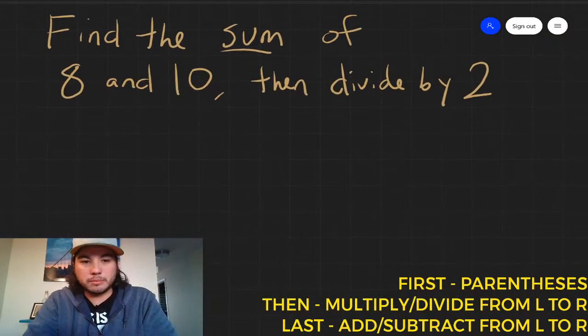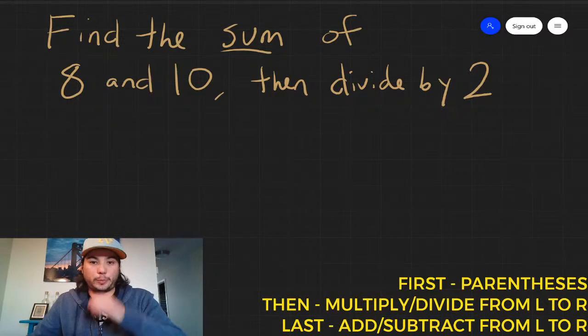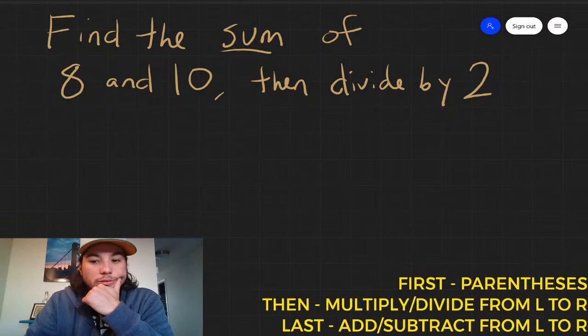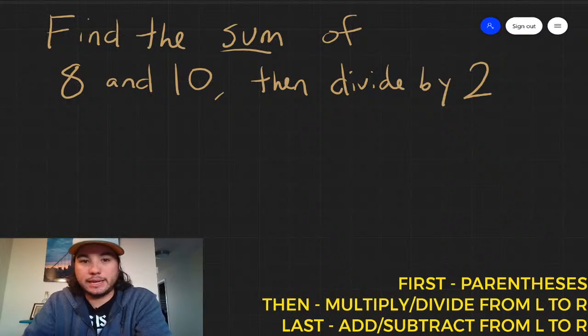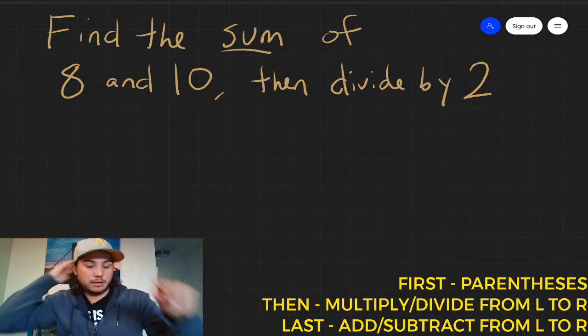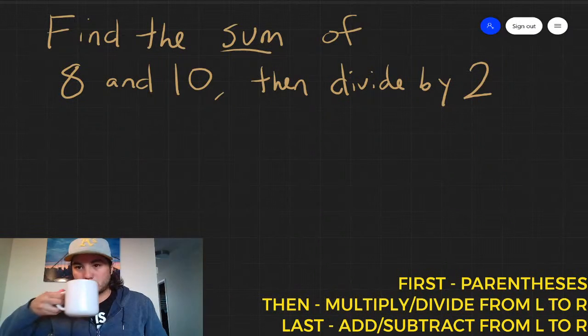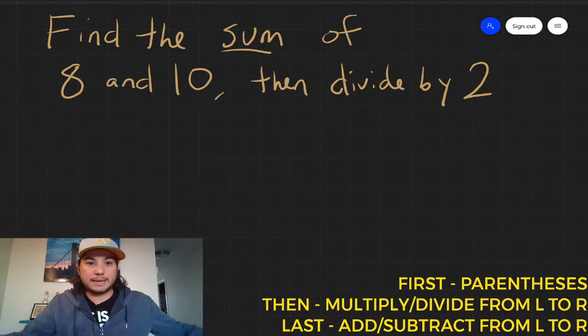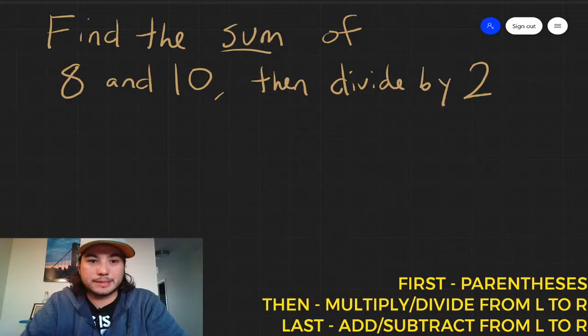Find the sum of 8 and 10, and then divide by 2. Find the sum of 8 and 10, then divide by 2. So what would that look like as an expression with just numbers and operations?